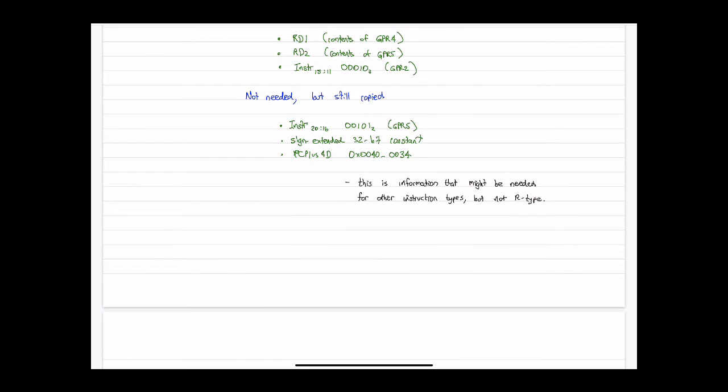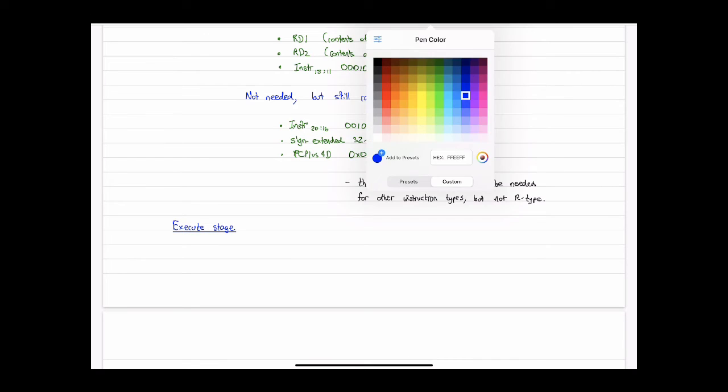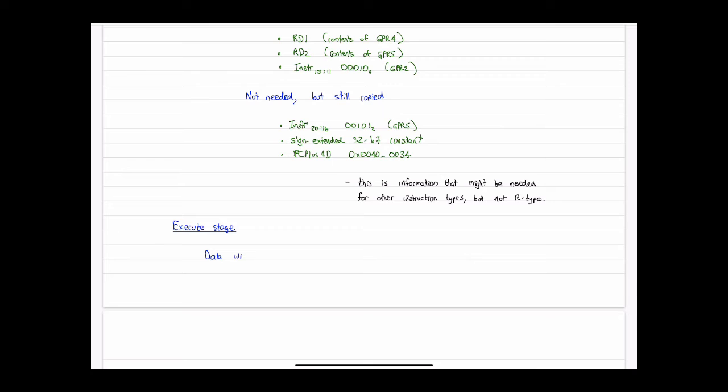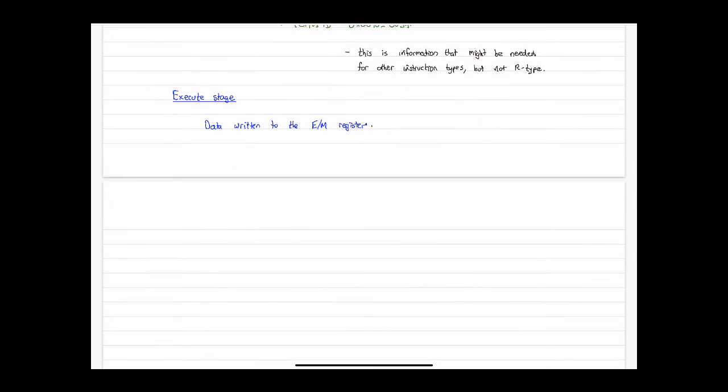Okay, so moving along, our SLT instruction is in the execute stage. Let's keep track of what gets written to the next pipeline register, the E/M. Beginning with the important stuff relevant just to the R-type instruction. First of all, the answer, so the result of the SLT operation.